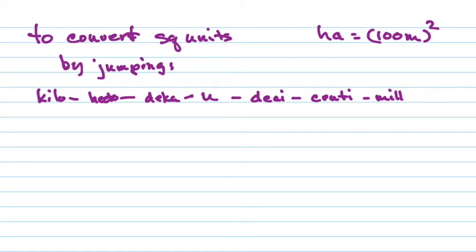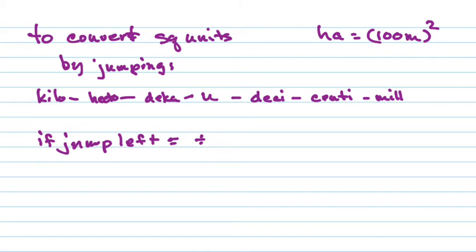Now, so if you're going to jump to the left, right, then even though the units are getting bigger, the number of units you have is getting smaller. So to the left, what we're going to do is we're always going to divide, right?